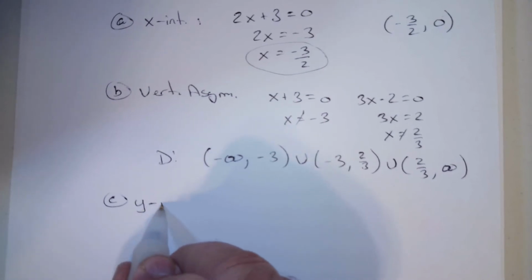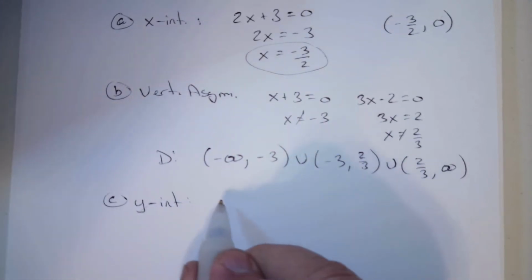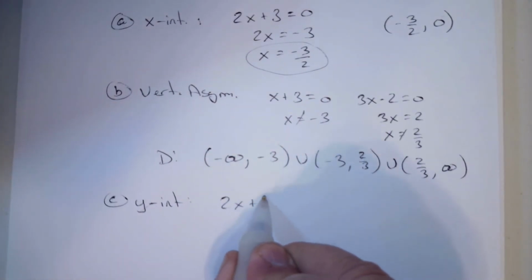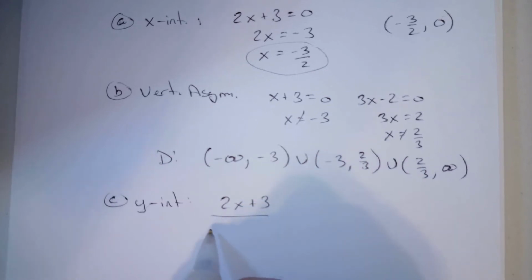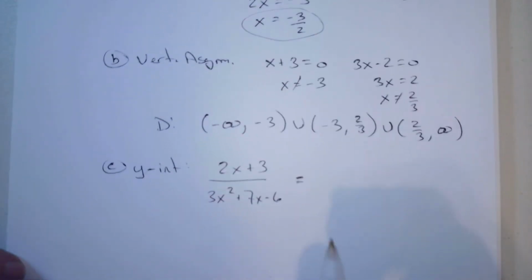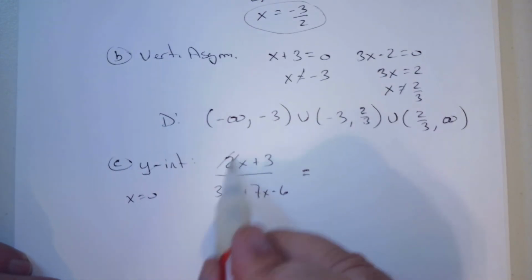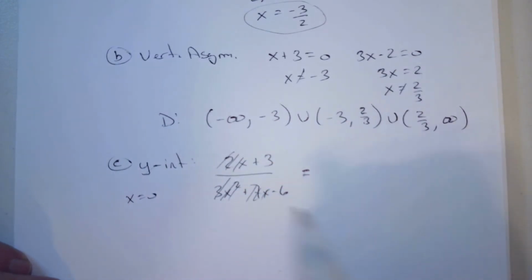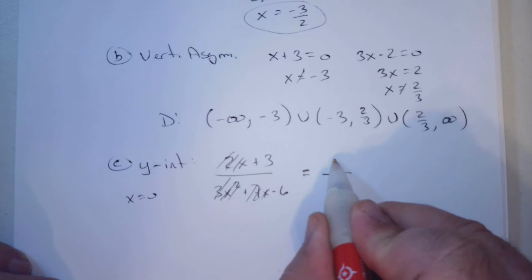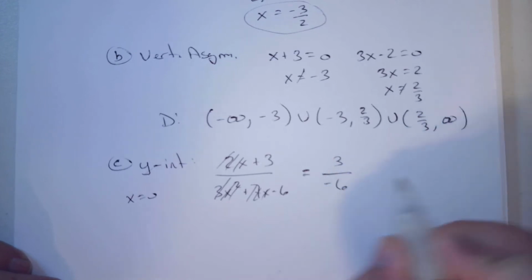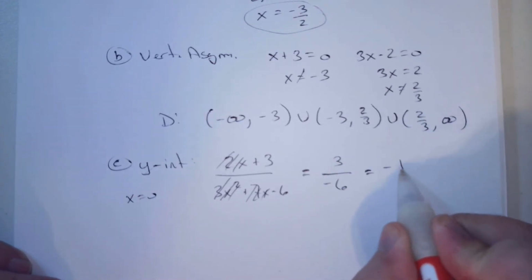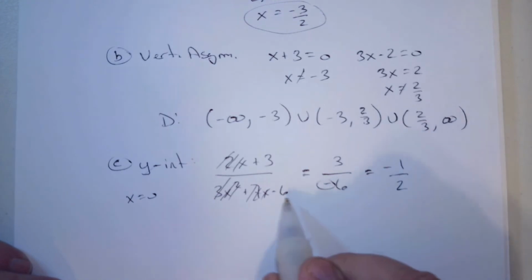Let's find the y-intercept. So we have 2x plus 3 over 3x squared plus 7x minus 6. Remember here you set x equal to 0, so anything that has an x, just get rid of it. The y-intercept is only the constants. So it's negative 1/2 because there's a negative on the bottom.